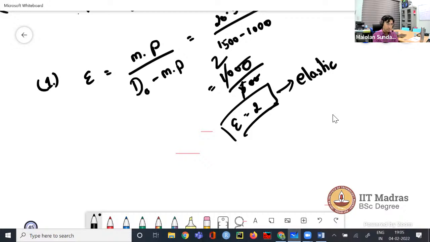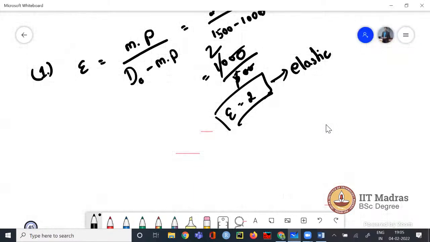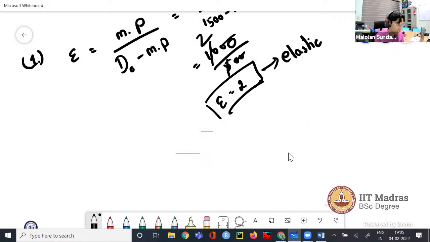Anyone? Change in price will affect the demand. Will drastically change the demand. Yeah, drastically. Here it will be 2 times. But in general, whenever you say elastic, it's going to be a drastic change.